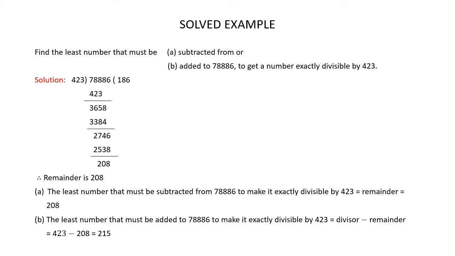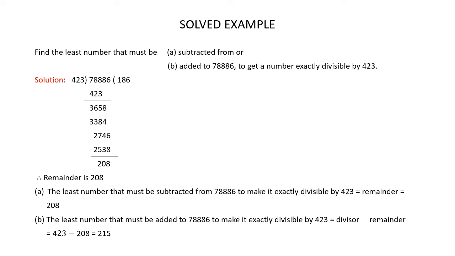The second method is to subtract the remainder from the divisor, and the answer you get there you have to add to the given number. Then you will get a number that is completely divisible by the divisor. This is a very important concept.